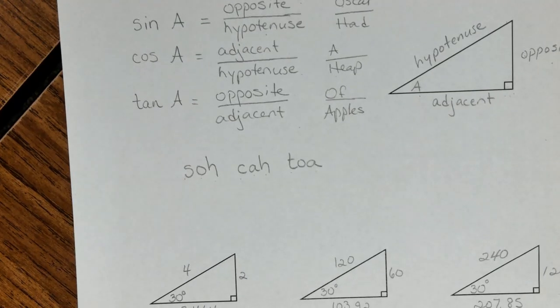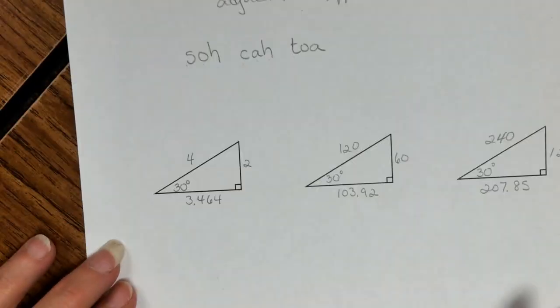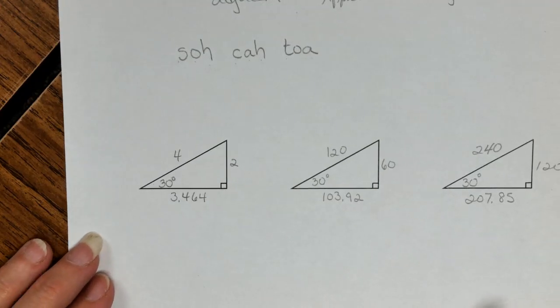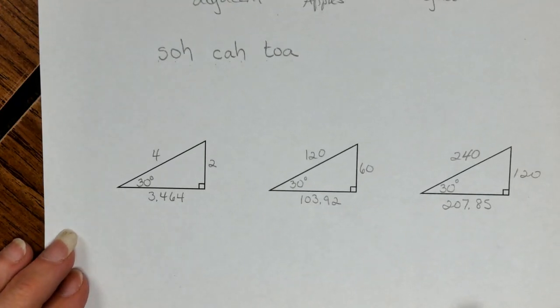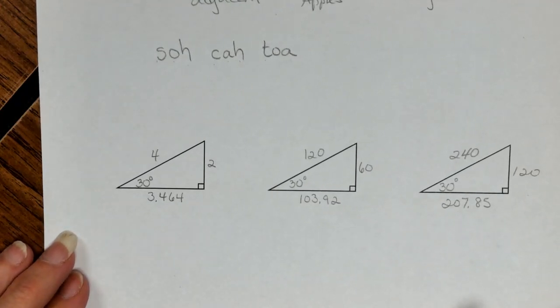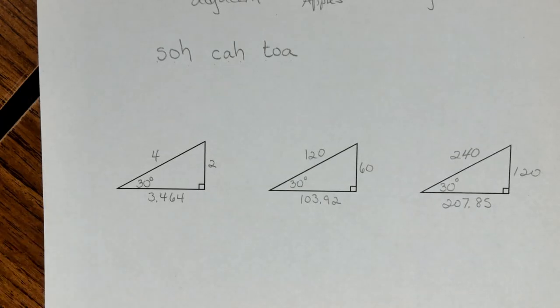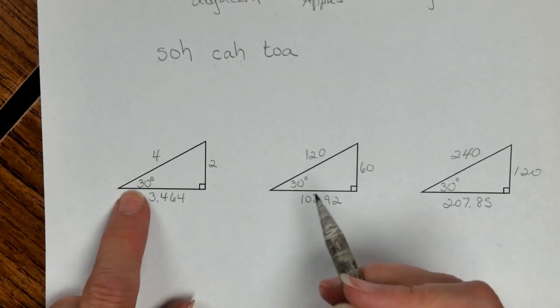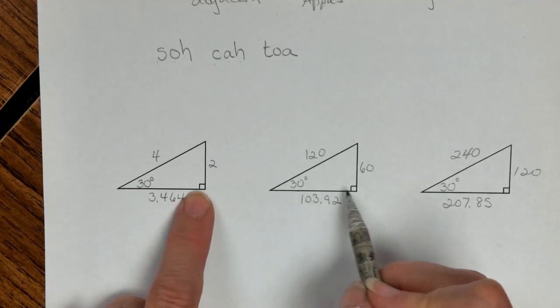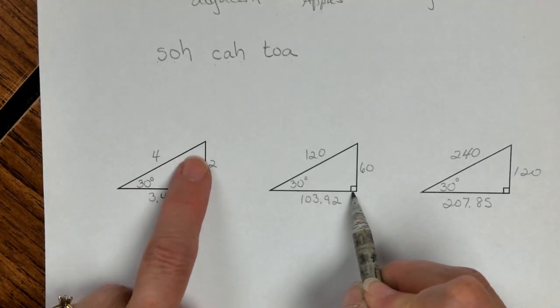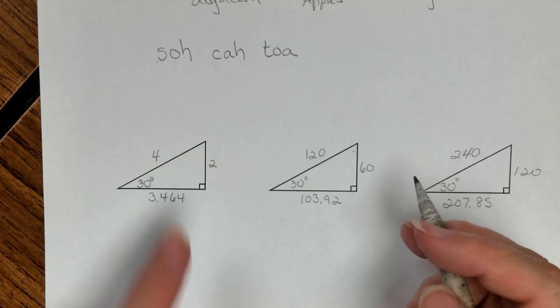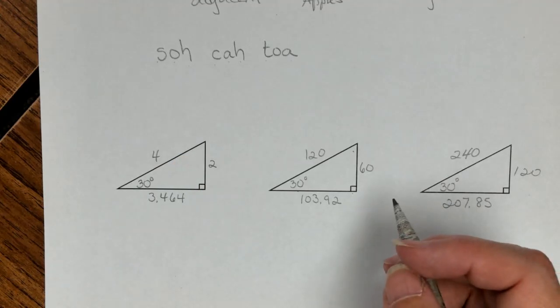Let's see. Now we're going to look down here and remember some things you know about similar triangles. Okay, if triangles are similar, all their angles are congruent, right? This is 30, this is 30, this is 90, this is 90, this is 60, this is 60. If that's the case, then the triangles are similar.